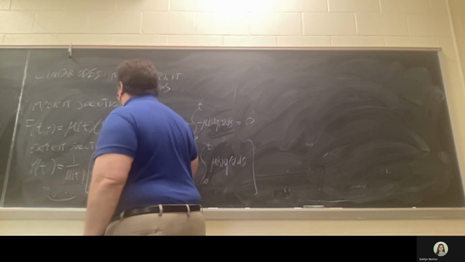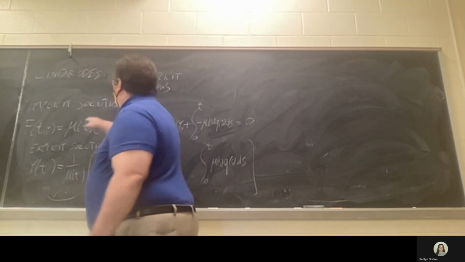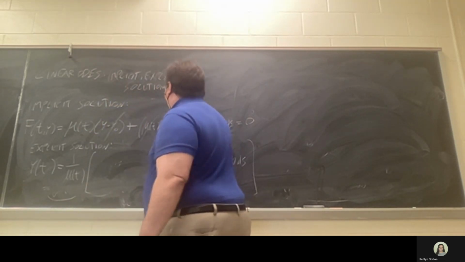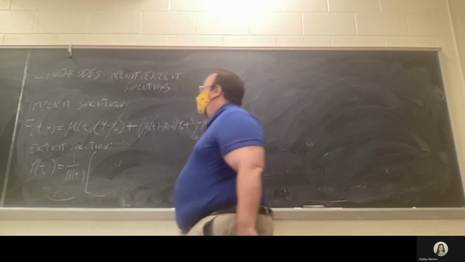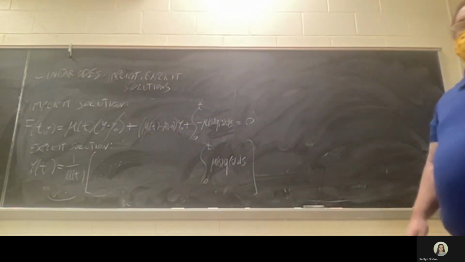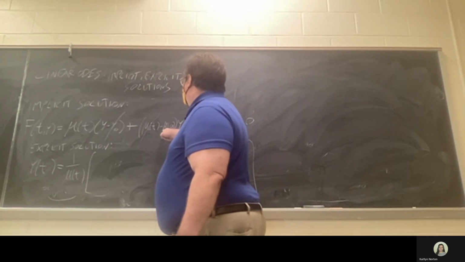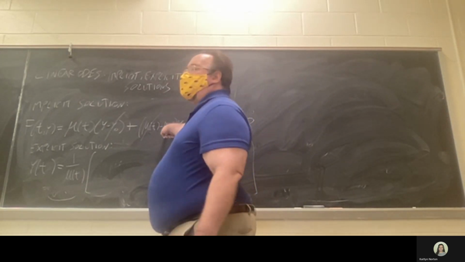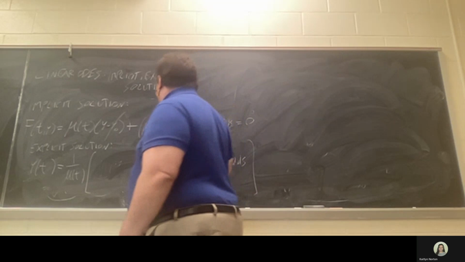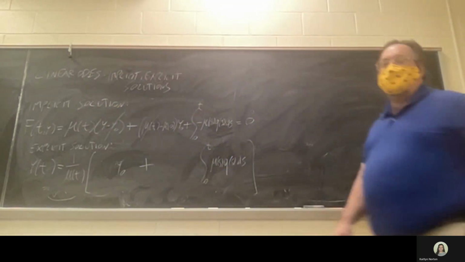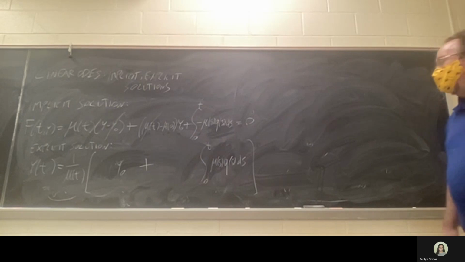Oh, actually works out nicely because those cancel. Thank God, because I knew I had too much stuff here. The only thing left is, and mu of 0 is 1. So now I just have... Okay, evidently I left too much room in there.